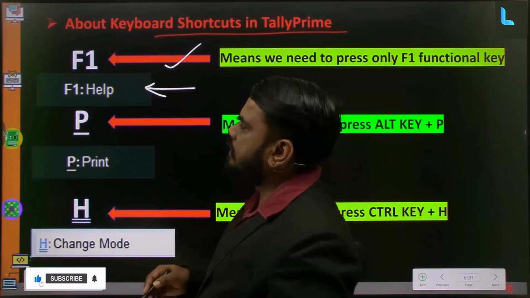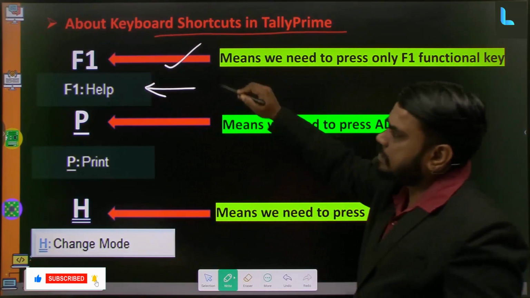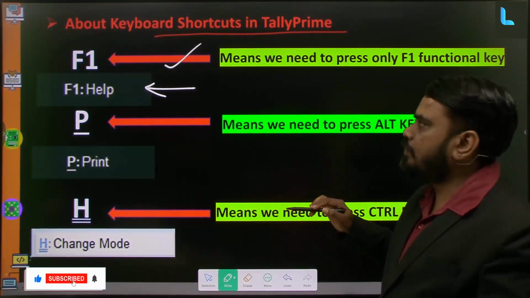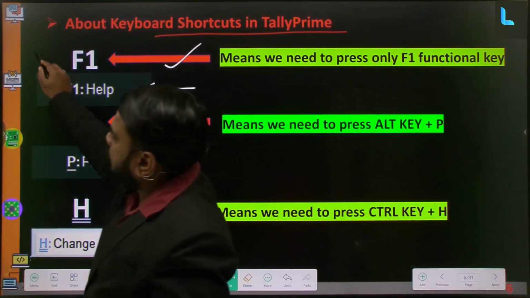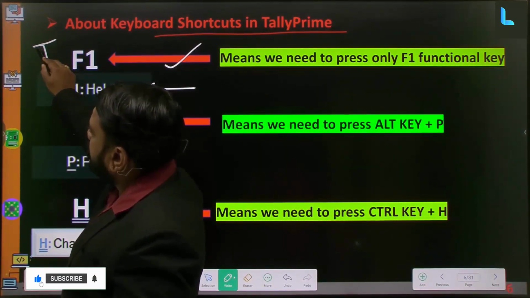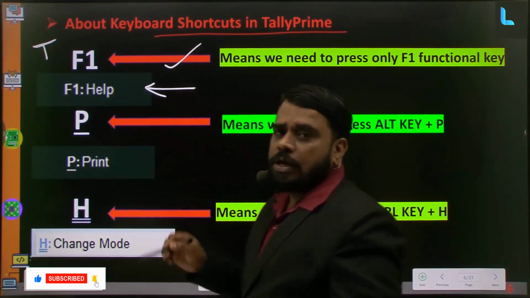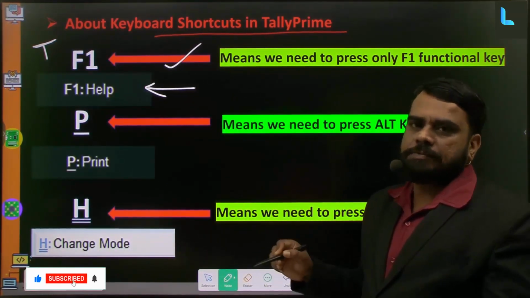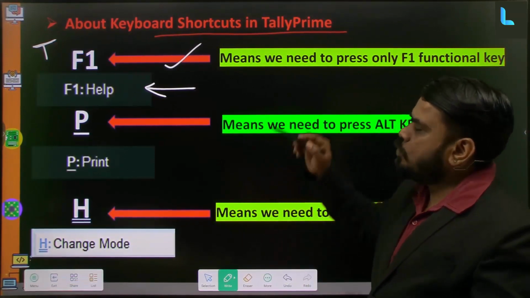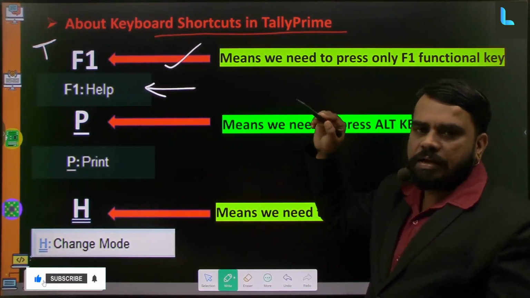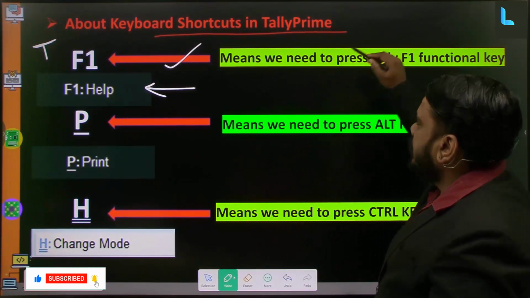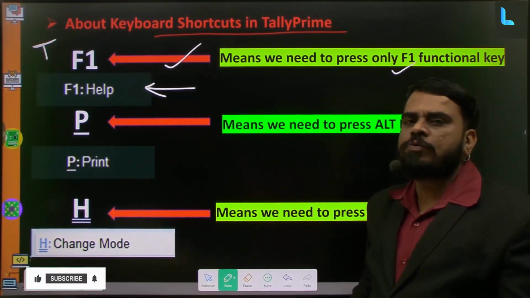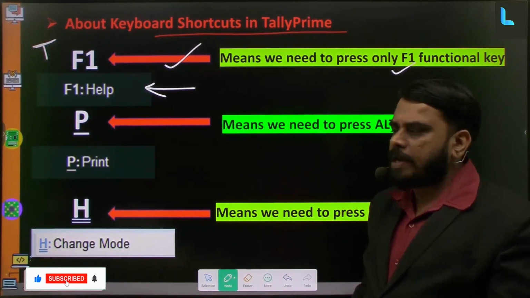It means you are supposed to press only the function key F1. Suppose the shortcut was T, it means you are supposed to press just T. When you press the mentioned key, it automatically leads to the option directly. This is how the shortcuts are used in Tally Prime.